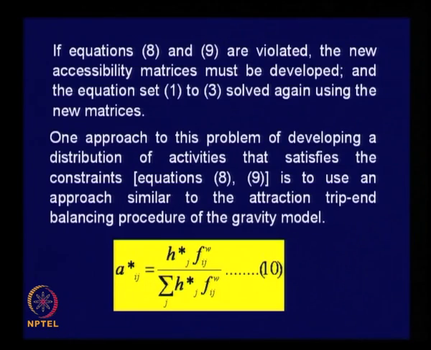We calculate a new value, A star ij, using a modified formula. The only modification that you find here is, instead of Hj we are writing H star j, and similarly in the denominator it is H star j. That means the problem lies in assessing the attractivity of traffic zones for a residential location in this case.